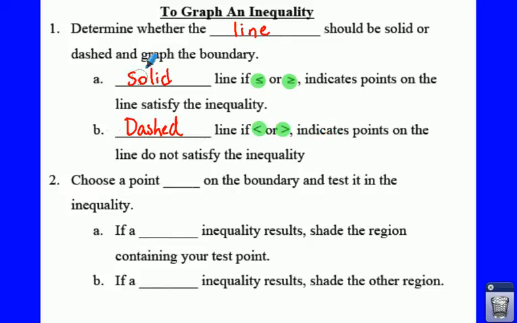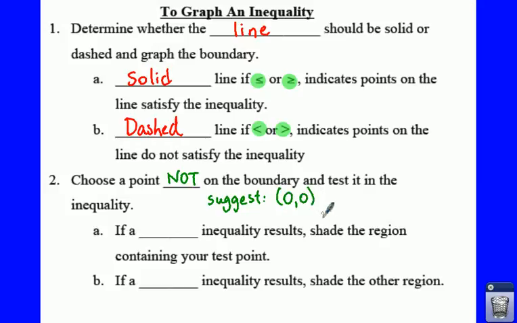Now, you're going to choose a test point that is not on the boundary. Usually I would suggest maybe the point 0, 0, because that's going to be the easiest one to plug in.